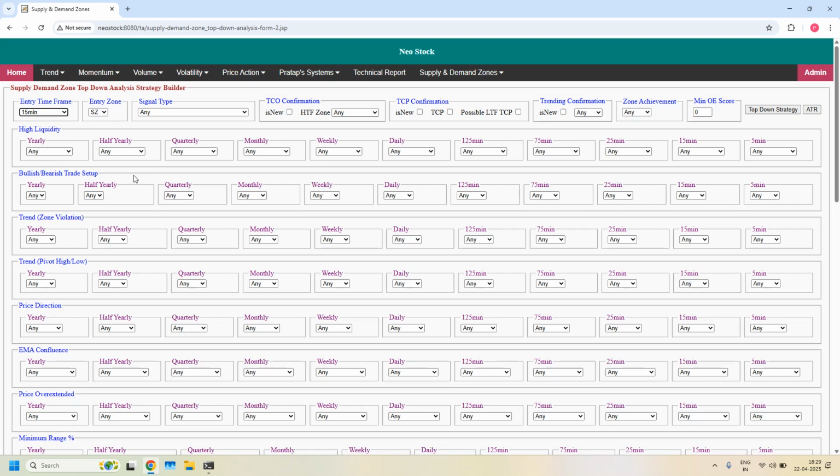And also in bullish or bearish trade setup, at the 15 minutes time frame, I am selecting bearish. And zone achievement violated opposing zone. Minimum odd enhancer score should be 12. And also the 15 minute supply zone should not be pierced.